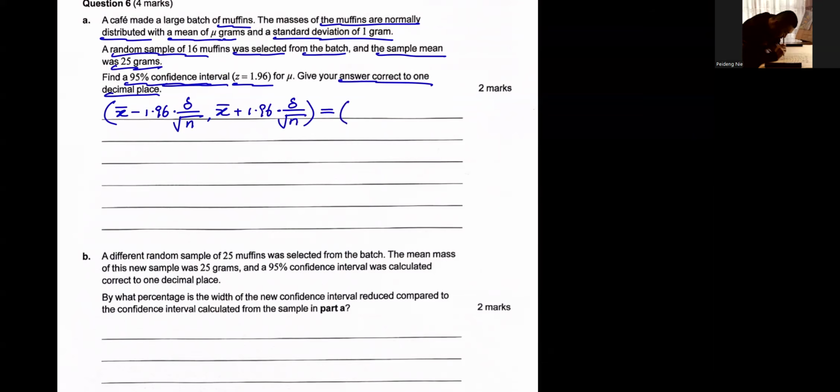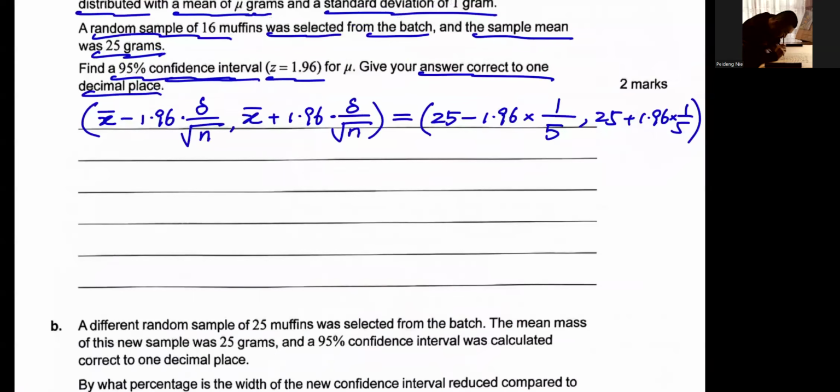In this case, your sample mean is 25 grams minus 1.96 times 1, the population standard deviation, divided by root 25, which is 1/5. And 25 plus 1.96 times 1 over 5. Notice that I'm just using round brackets, not square brackets, to be consistent with the formula provided by VCAA.